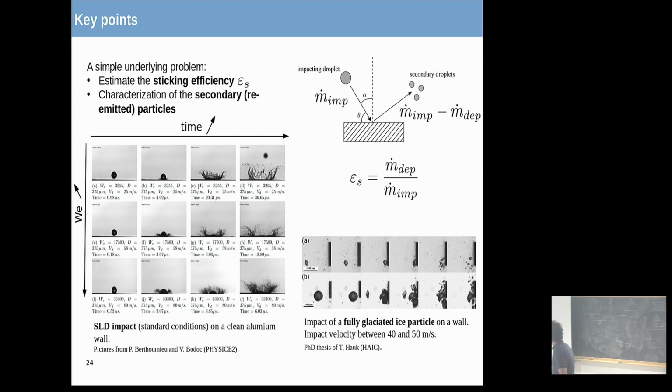But when we increase the velocity and the Weber number, we get a prompt splash. So from this kind of impact, we have to characterize first the particle size distribution and also the velocity distribution after the impact. And it is exactly the same thing for dry particles: it is the impact of ice particles, where you have fragments which have to be characterized after the impact on the wall.